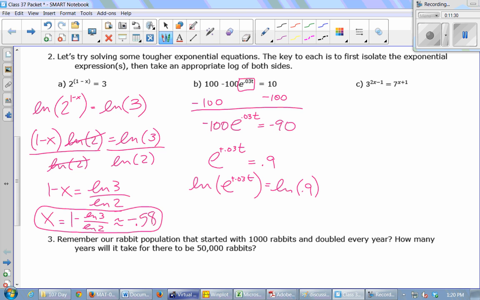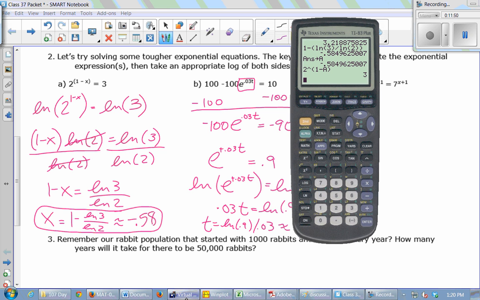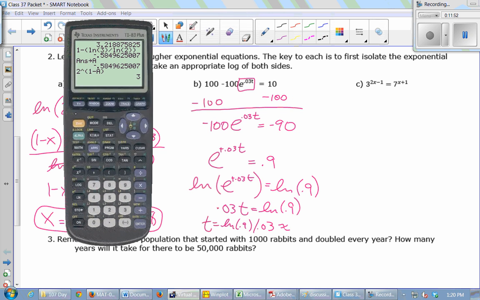All right, so the ln of e to some stuff is always the stuff. And then to get the t by itself, divide by 0.03. So we're going to get t is the ln of 0.9 divided by 0.03. And that is approximately negative 3.5.